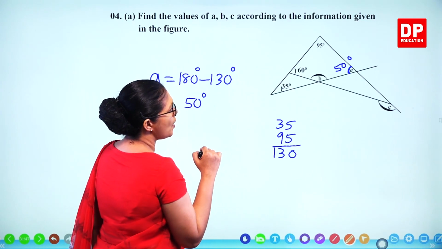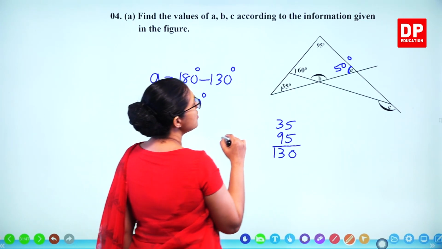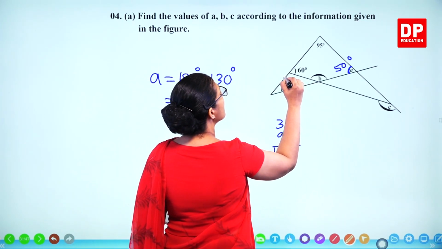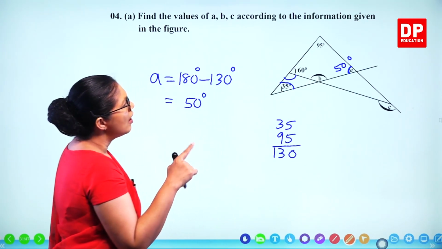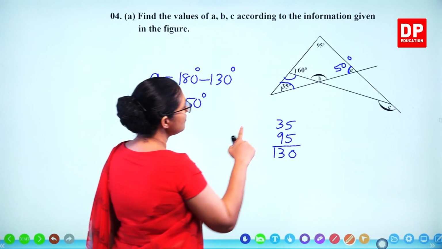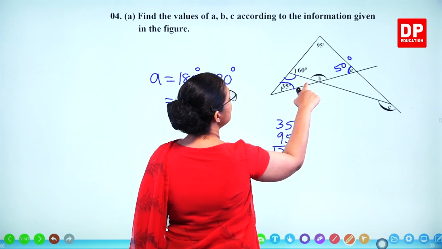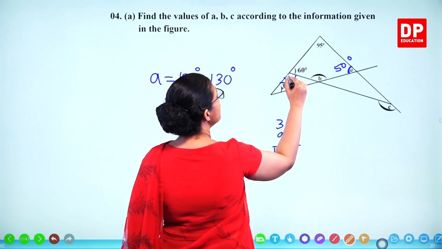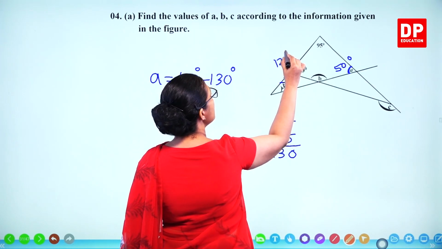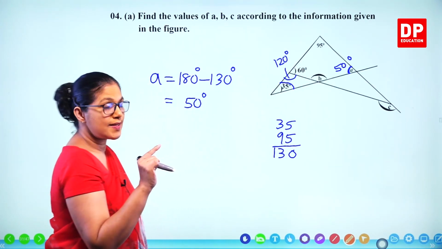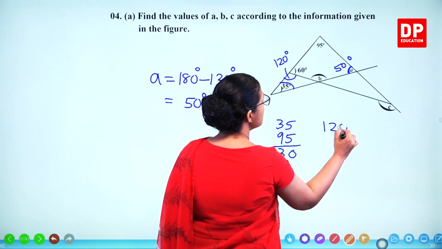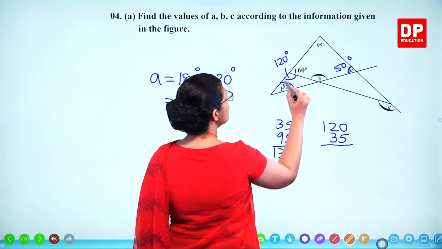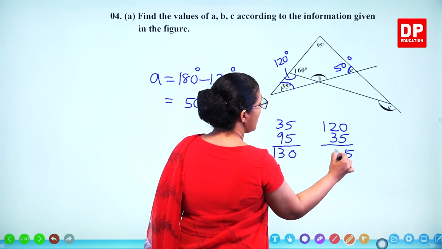Then what's the next one? You can use this and this is this angle, or find this angle and find 180 minus that. So this is 120, 180 minus 60. That's a straight line. 120 plus 35, these two, you get 155.